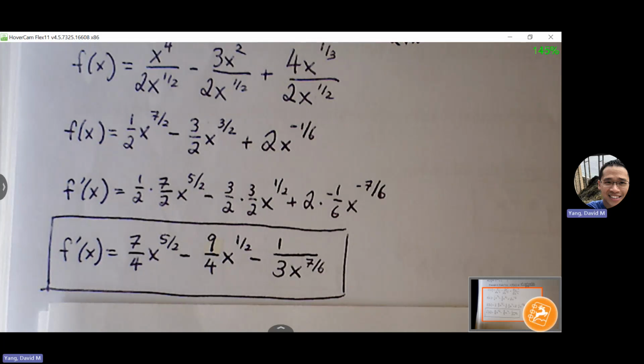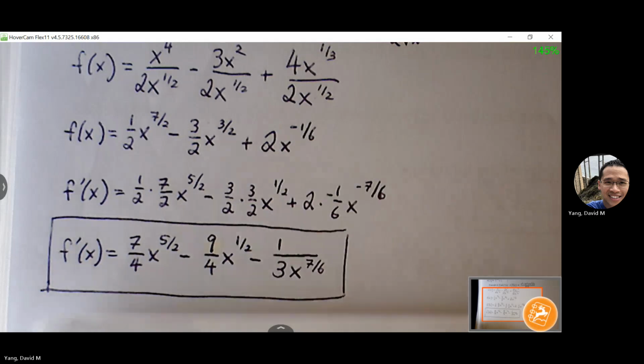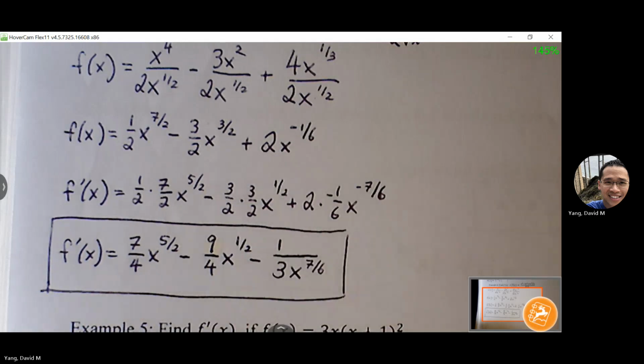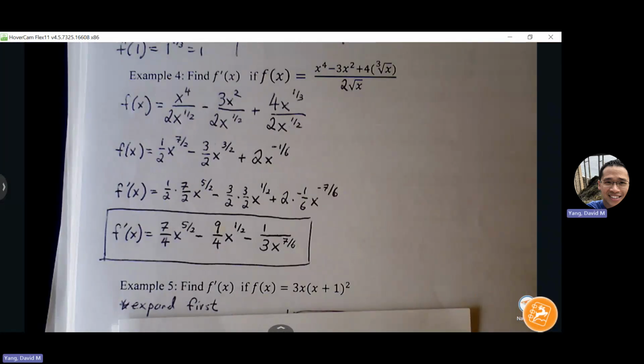So this is technically our answer, but I want us to clean up our negative exponents. There's a negative exponent, which we don't have here or here. It's only this one we need to move. We need to push that x down to the denominator. What do you get? 9/4.